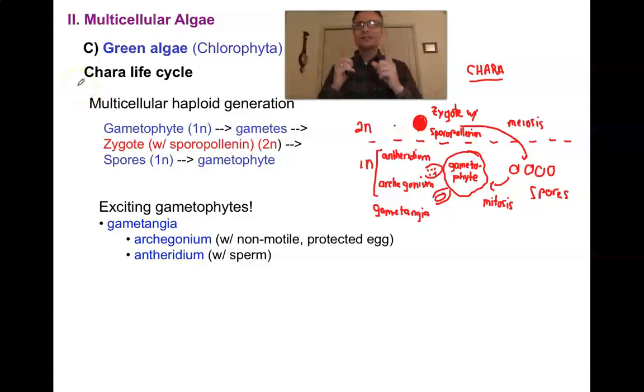Chara actually is going to take care of its egg and take care of the kid, the zygote, so to speak, that comes with it. So yes, Chara is going to nurture its offspring. What's going to happen is our sperm cells are going to leave the antheridium, the container that has sperm cells, and they're going to swim around over here and find the egg cell that's held in the archegonium.